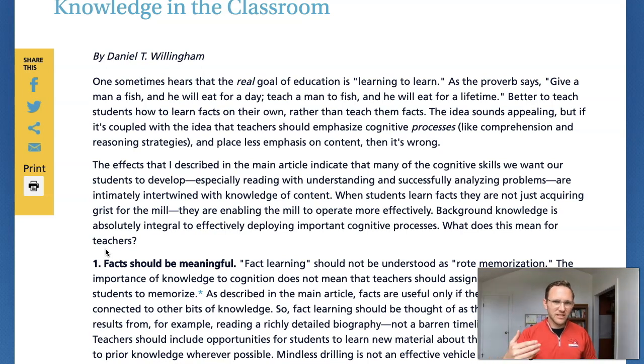He says that those things that we want are intimately intertwined with knowledge of content. When students learn facts, they are not just acquiring grist for the mill. They are enabling the mill to operate more effectively. Background knowledge is absolutely integral to effectively deploying important cognitive processes.